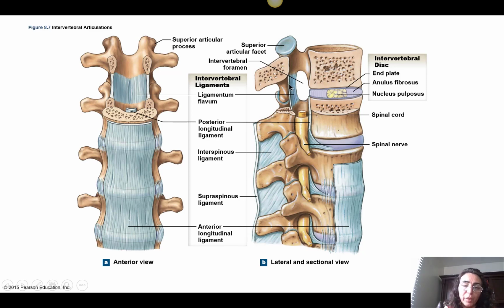And finally, the last one here between the lamina. Here the pedicle has been cut, and then you see the lamina here. Between the lamina of each vertebra and the next vertebra, you have the ligamentum flavum. Ligamentum flavum location is here.